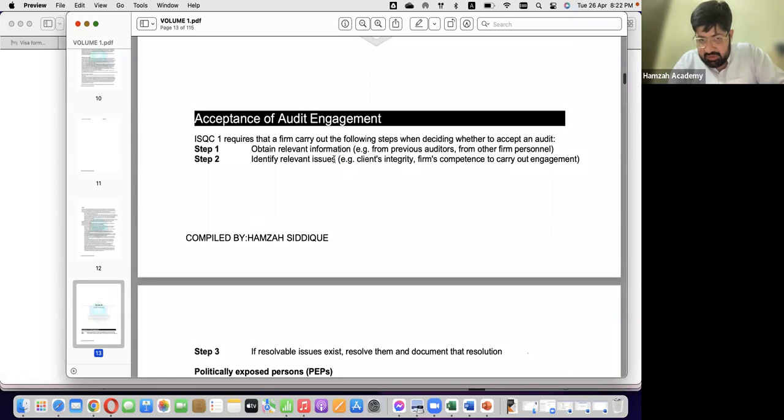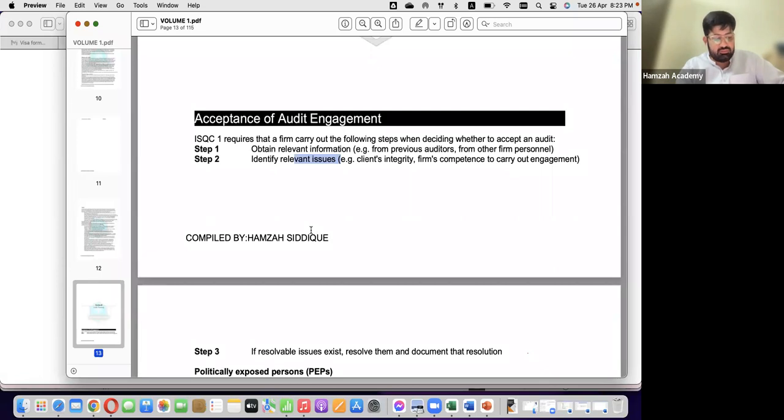If there are any issues involved, we try to resolve those issues. If they are resolvable, we resolve the issues and accept the audit. But if the issues are not resolvable, we simply reject the audit.